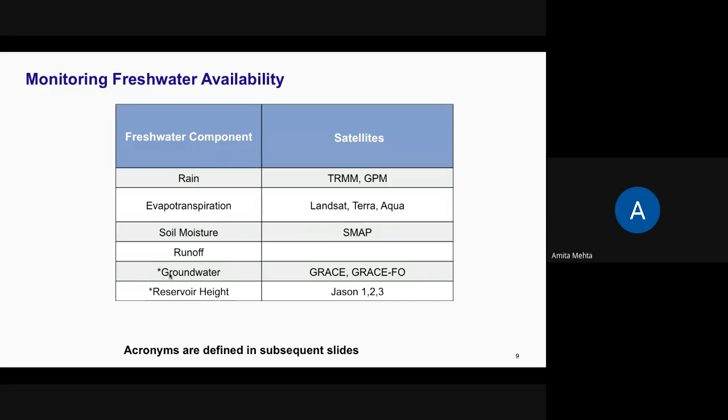Then there is groundwater data available from GRACE and GRACE Follow-On, and also reservoir height data available from Jason altimeter data. That actually goes back to TOPEX/Poseidon, but Jason 2 and 3 are currently flying missions. They provide water level heights for many reservoirs, at least those bigger than 50 square kilometers.